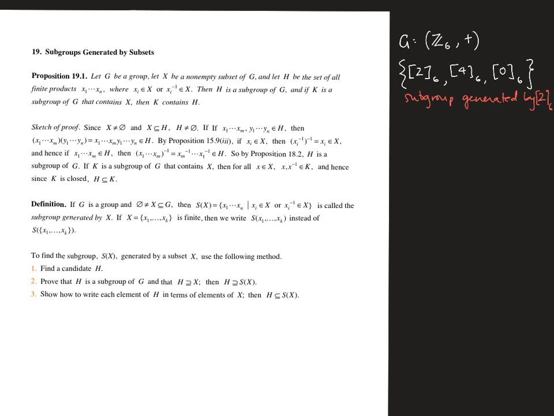All right, so we've got the subgroup generated by 2 mod 6, and I want to see how it connects to this definition and proposition. So let's think a little bit about what this proposition is actually saying.